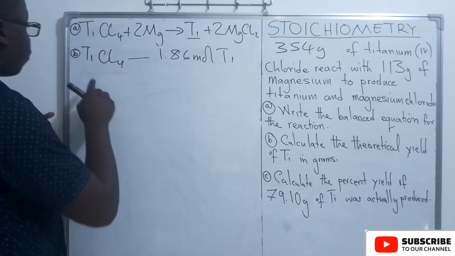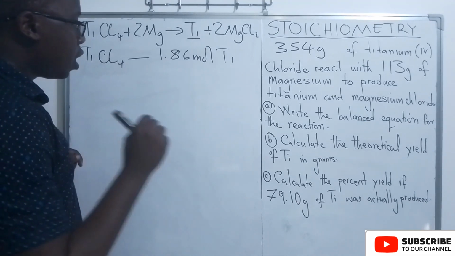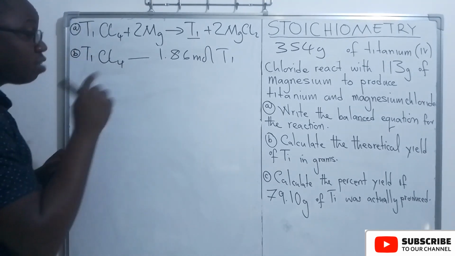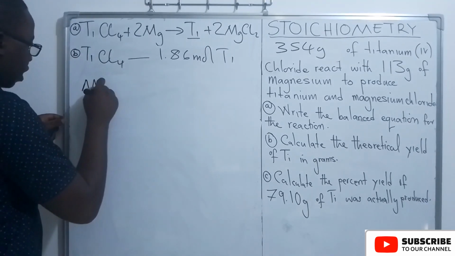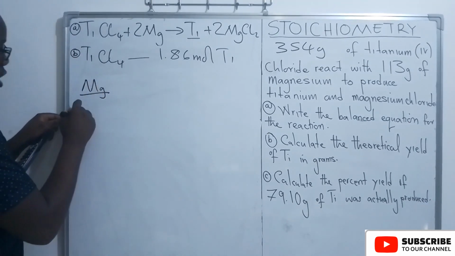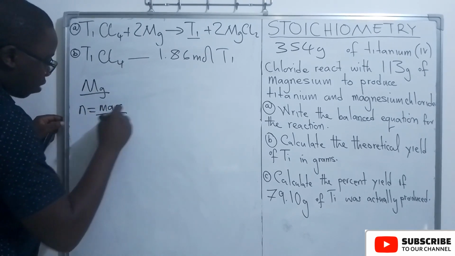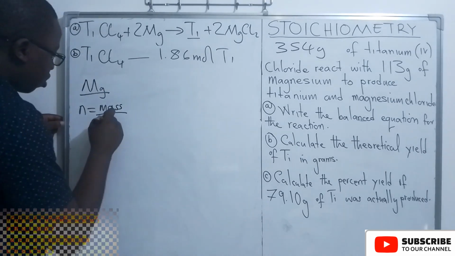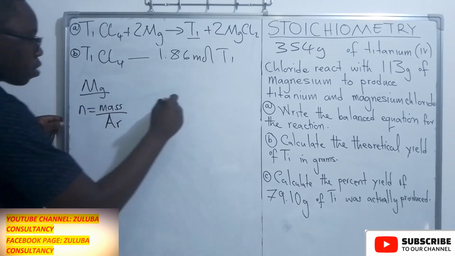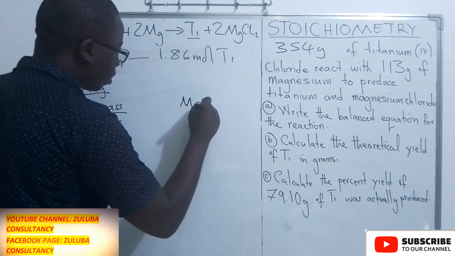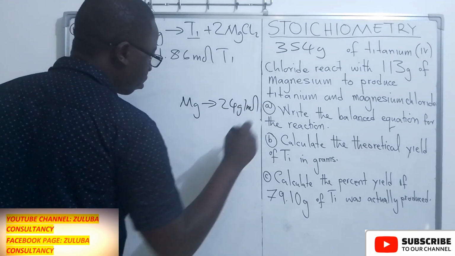Now that we have the number of moles that titanium chloride can produce, let's look at the number of moles that magnesium can produce. So let's analyze magnesium. The number of moles is equal to mass divided by, because magnesium is an atom, the atomic mass. The atomic mass for magnesium is 24 grams per mole.